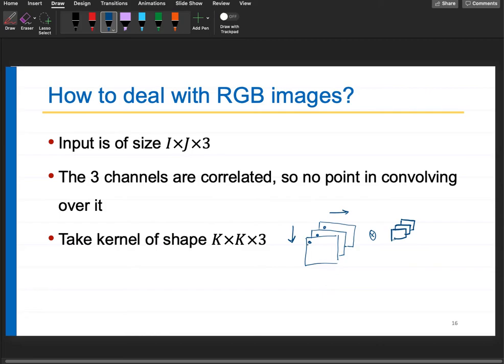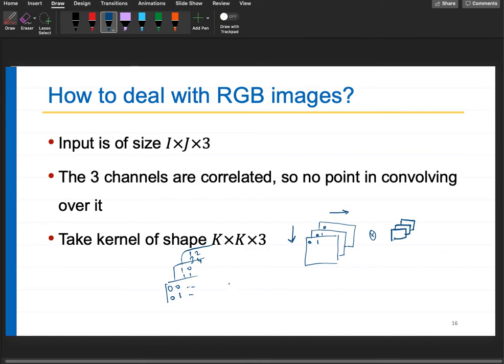So let us take an example. Let us say this is 0, 0, 0, 1, 1, 1. Okay. Let me draw it separately. Let us say this is 0, 0, 0, 1, so on. This is the first image. The second image is 1, 0, 1, 1. And the third image is 1, 2, 3, 4.